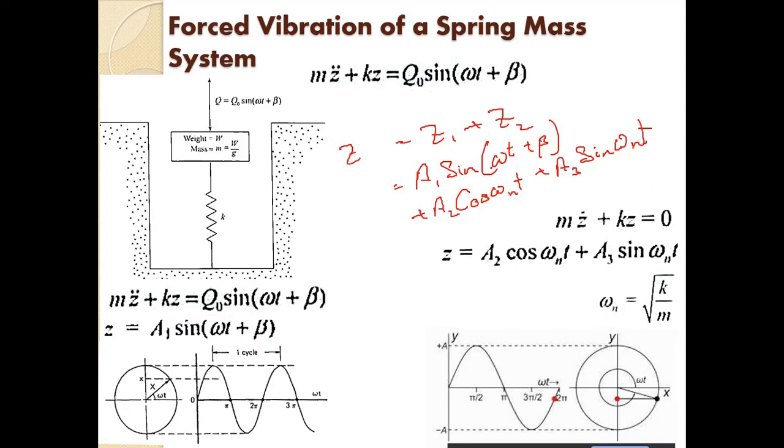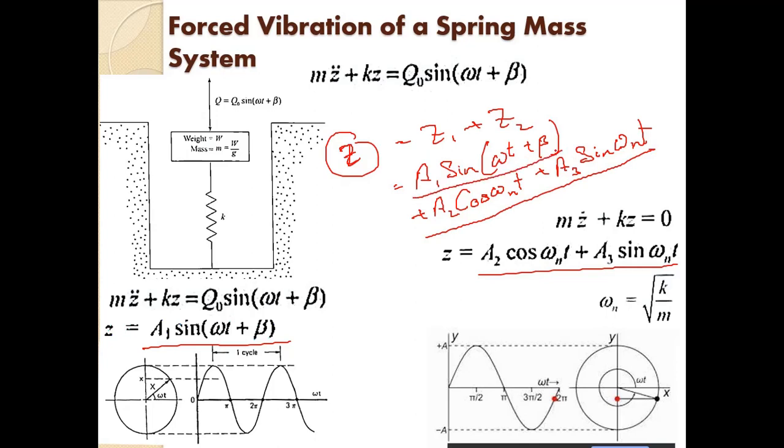So ultimately the actual motion of the system will be the summation of this motion plus this motion. Okay, ultimately what will happen? This motion will die out and it will continue to vibrate only with the frequency of omega.